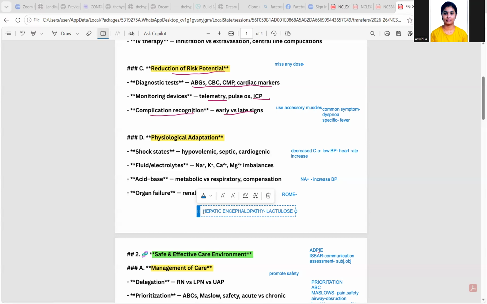If the client is showing neurological symptoms, that is mainly due to hepatic encephalopathy. So the treatment of choice is what? Lactulose, to promote stool elimination, so ammonia can be eliminated through the stool. So we should get clarity.